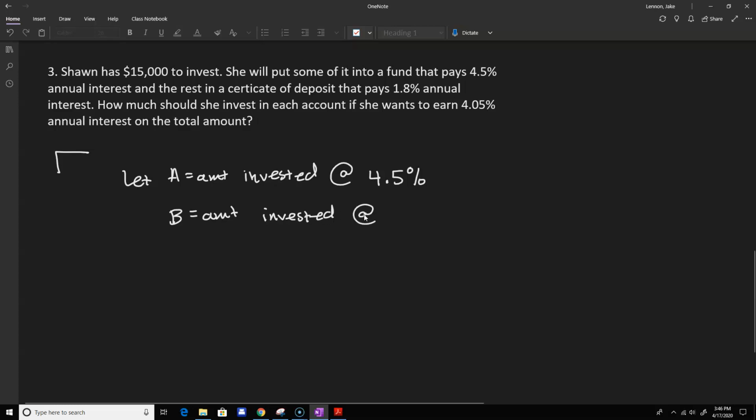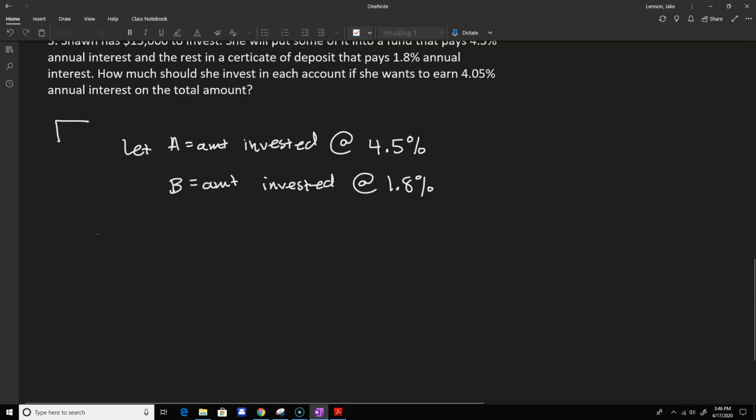at the 1.8%. So basically, we have 2 equations that we want to write down. We have our total investment equation, so we know if you add the amounts A plus B, we should get 15,000. So this is the total amount equation, and then we also have a total interest equation.